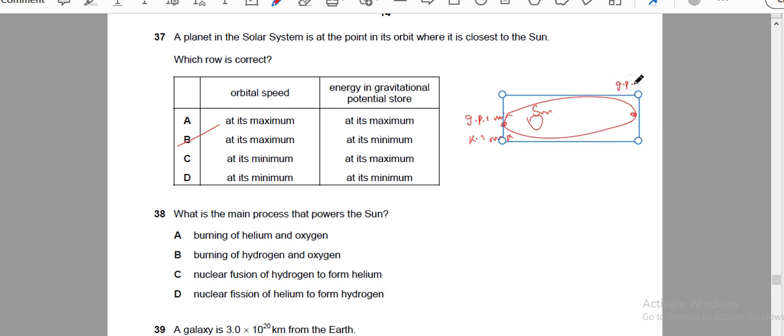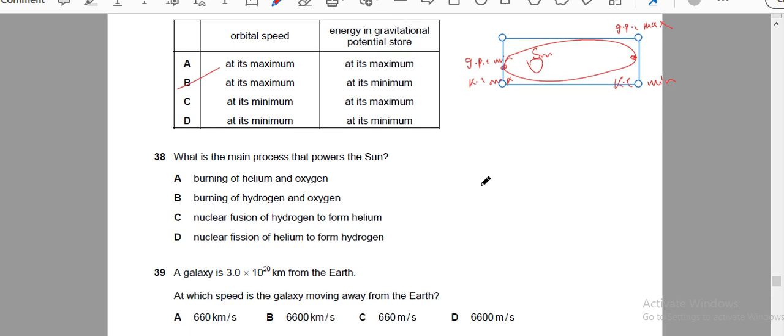Gravitational potential energy is maximum, whereas the kinetic energy is minimum. Okay. What's main process that powers the sun? It is fusion of hydrogen to helium.